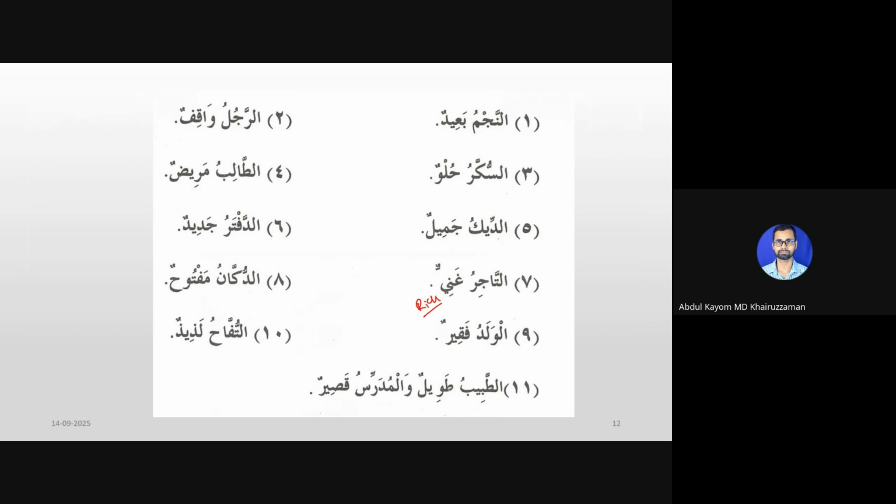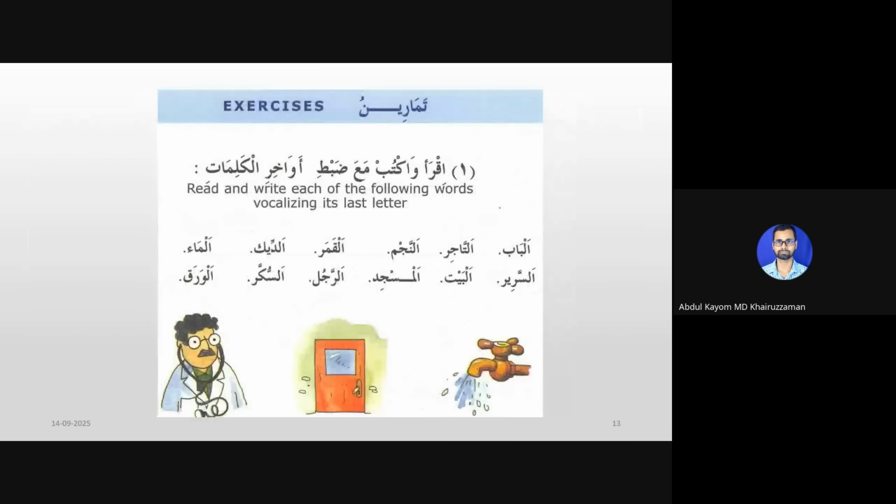At-tabibu tawilun wal mudarrisu qasirun. At-tabibu, the doctor. At-tabibu tawilun, the doctor is tall. Wal mudarrisu qasirun, and the teacher is short. So let's move to the next page. We have tamarinu. Tamarinu means exercises.